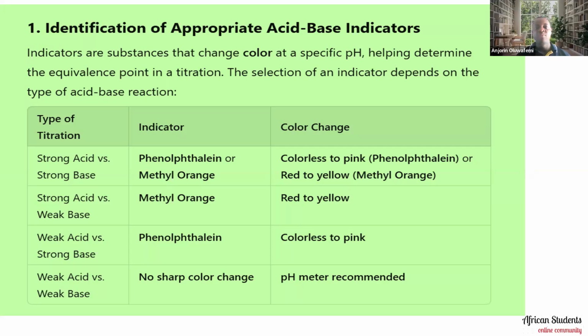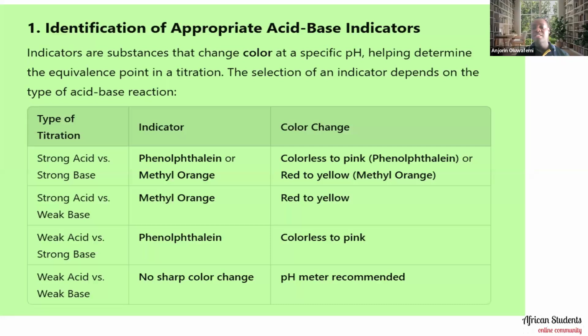For that, you would notice a color transition that is red initially, but once the endpoint or the equivalence point is being approached, you see the solution turning to yellow. The other type of titration is the weak acid versus the strong base. The appropriate indicator is phenolphthalein, and it transits from colorless to pink at the equivalence point.